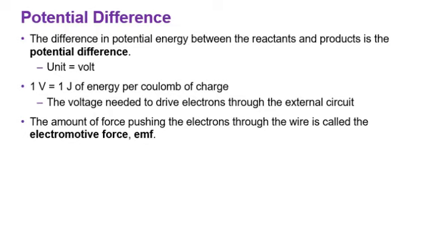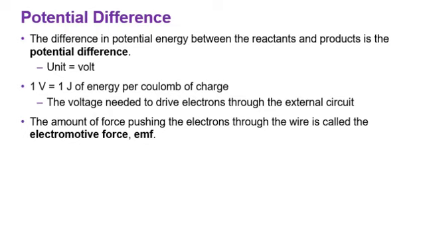Now, this driving force behind electron movement is known as potential difference, which is measured in volts. It is representative of the difference in potential energy per unit charge between 2 points in a circuit, not a circle, in a circuit. So 1 volt equals 1 joule per coulomb of charge, basically.